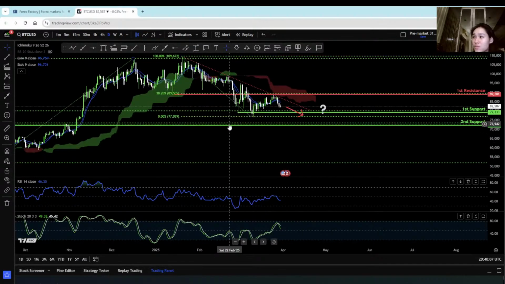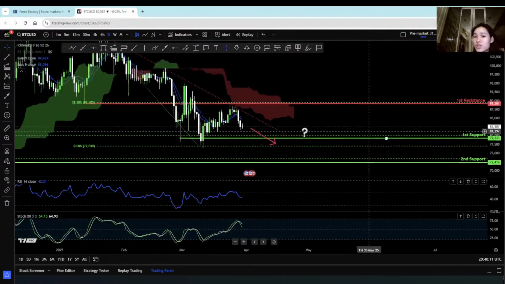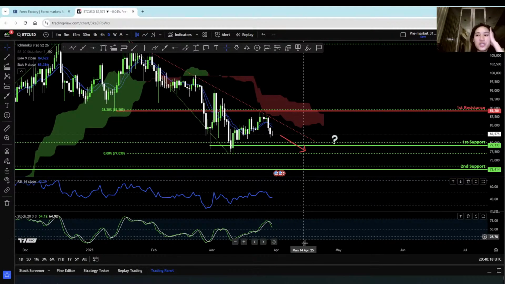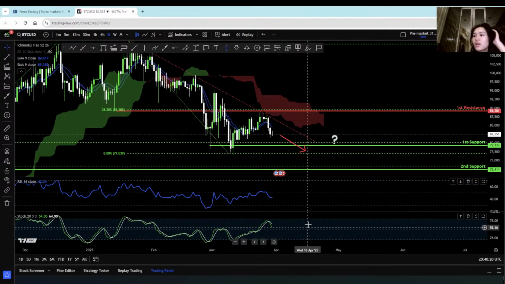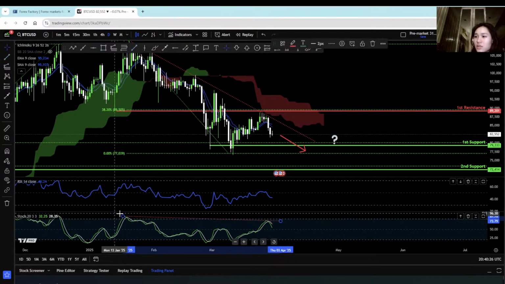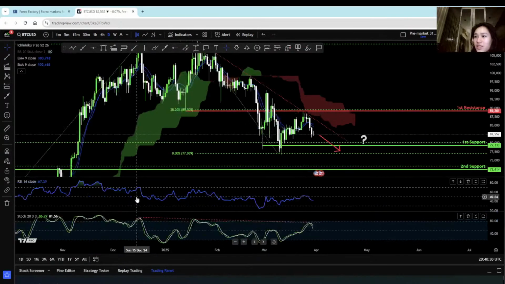Okay, prices recently crossed below the EMA and SMA, so that is a bearish signal. RSI and stochastic. Yeah, we have a descending trend line there.